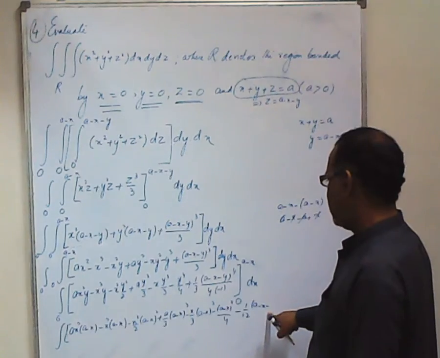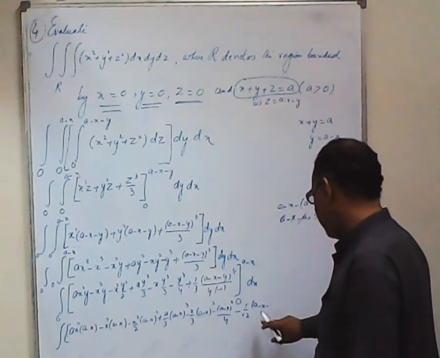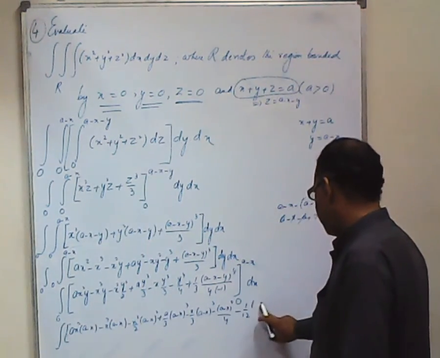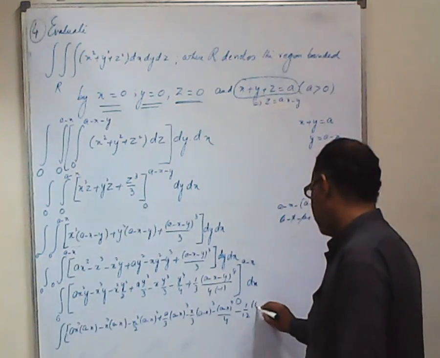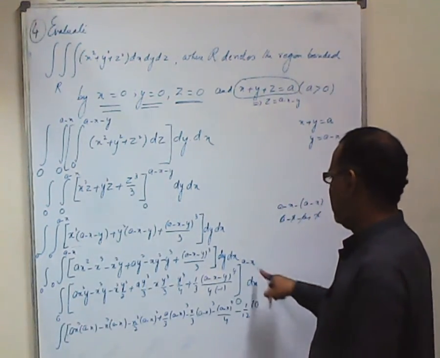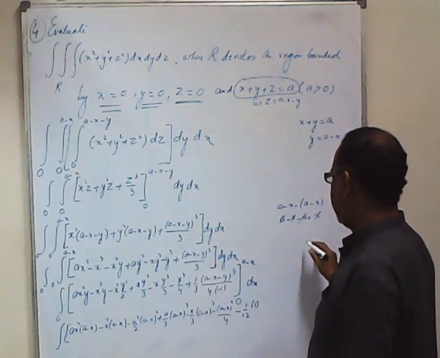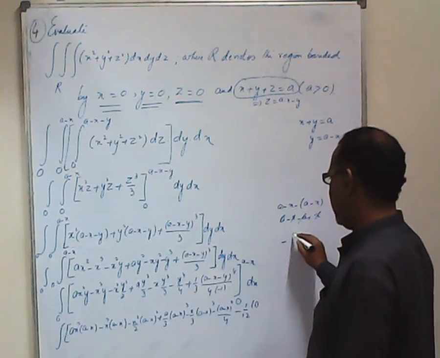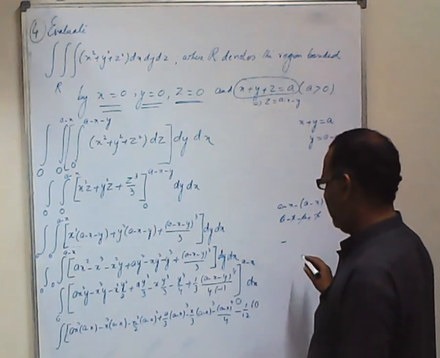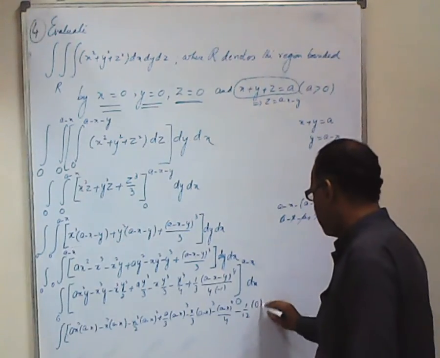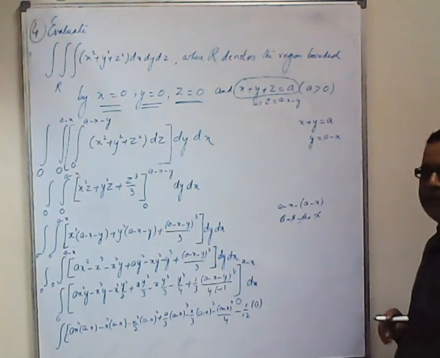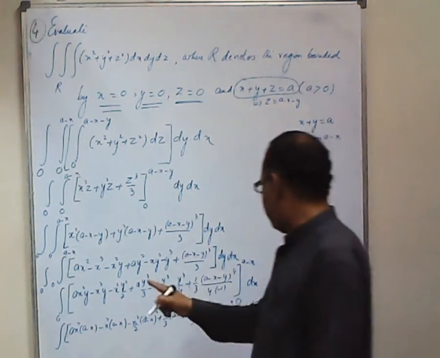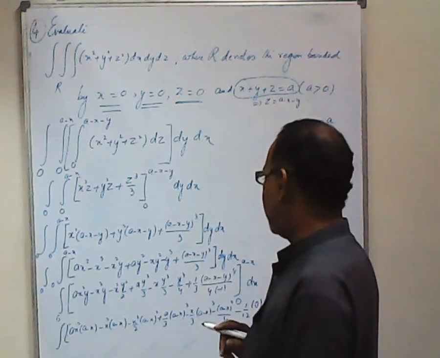So the upper limit will be 0 on substituting. This is not the time to write the lower limit; at present we are substituting all the upper limits.